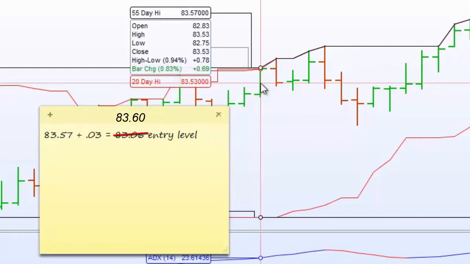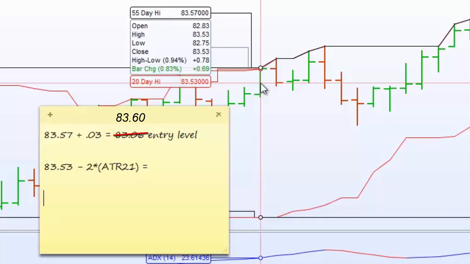So now we're going to look for our stop loss, which is the close, 83.53 minus 2 times ATR 21.